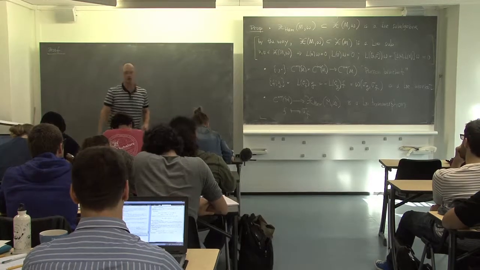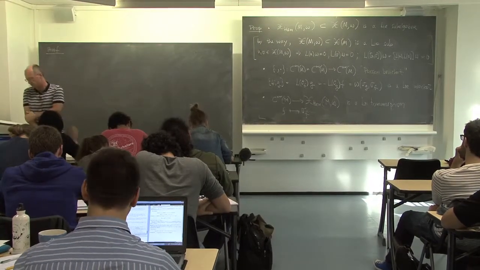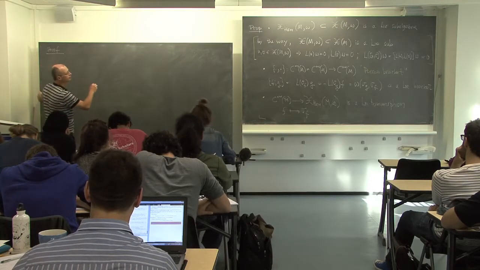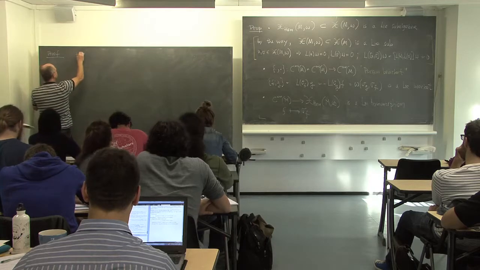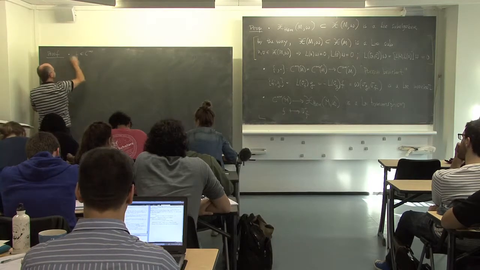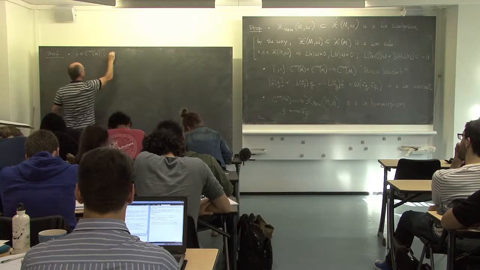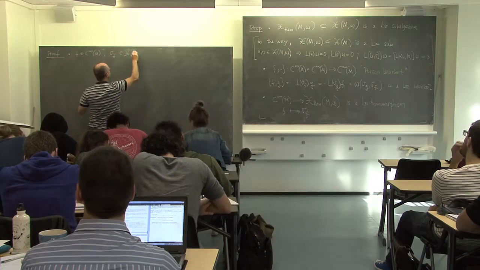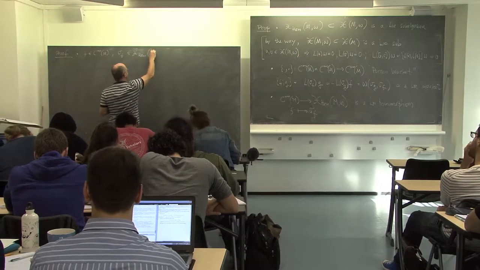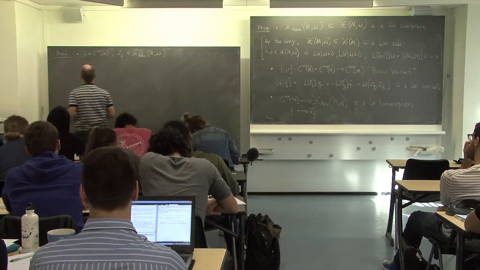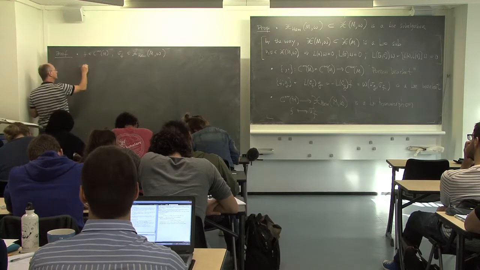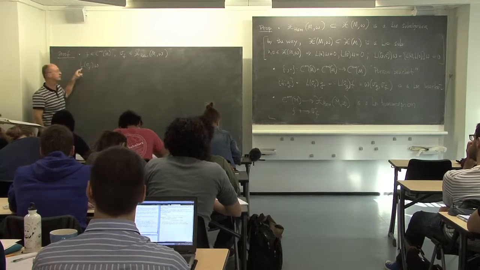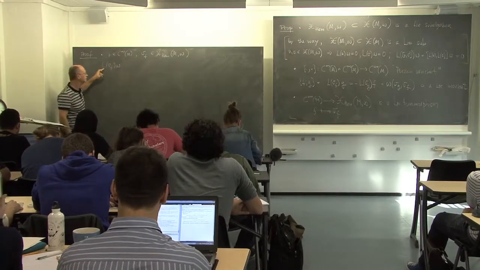All right, so first of all, we need to know that Hamiltonian vector fields are actually symplectic. So let's say we have f in C infinity of M. Vf is then a Hamiltonian vector field, and we want to compute L, the Lie derivative of omega with respect to Vf.